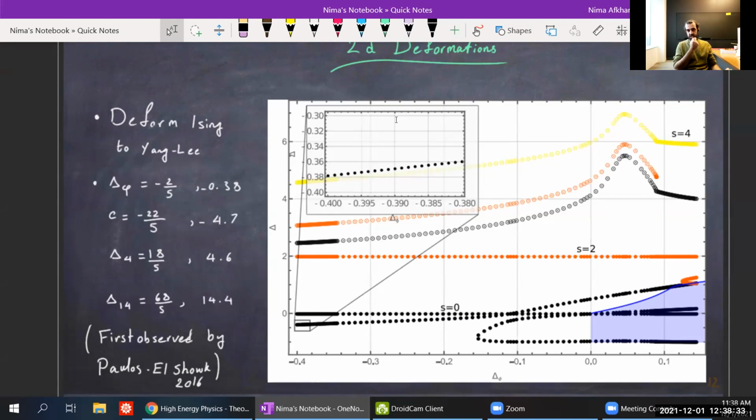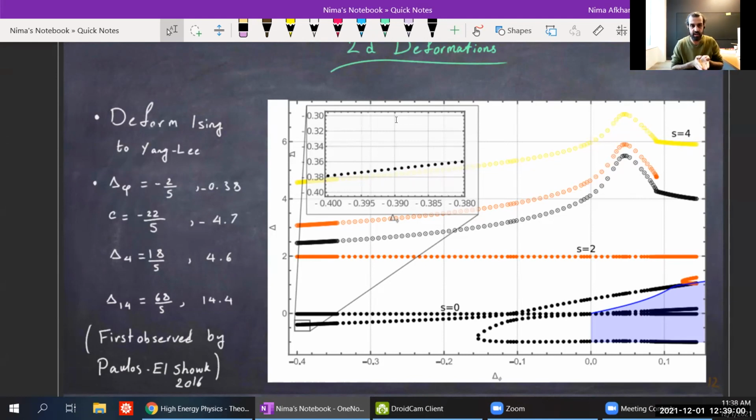This is just some evidence for this, because when I look at the roots that appear in this functional as I do the deformation and I get to -2/5, we have the advantage that these are minimal models. We know everything about them, so we can just compare the candidate spectrum that we get. And we find that at delta phi of -2/5, there is a single root at -0.38, which is the operator we expect there to be.